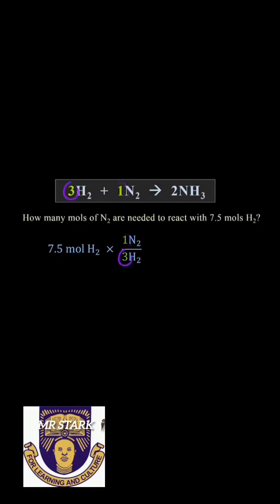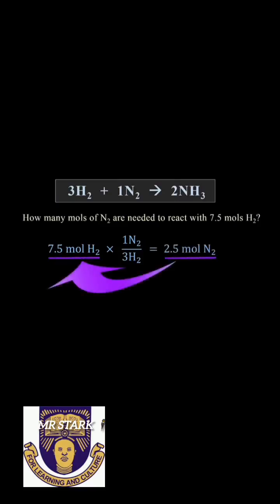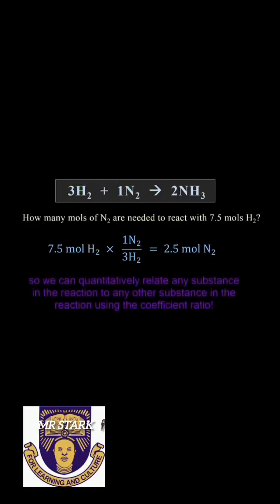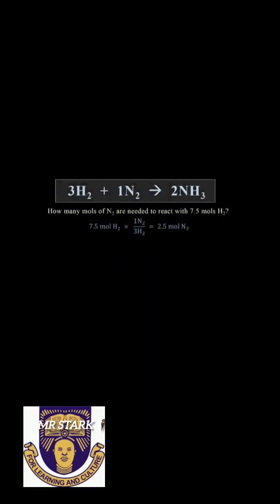The 1 nitrogen to 3 hydrogen ratio, always putting on top what we want and on bottom what we have, tells us that 2.5 moles of N2 will react with 7.5 moles of H2, and 7.5 to 2.5 is a 3:1 ratio. So we can quantitatively relate any substance in the reaction to any other substance in the reaction using the coefficient ratio. Let's look at a second example.